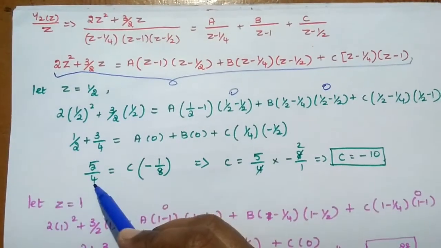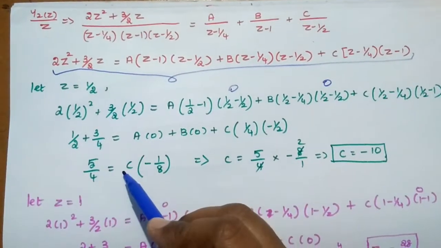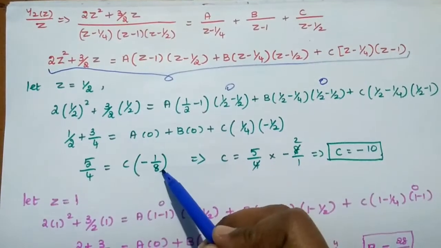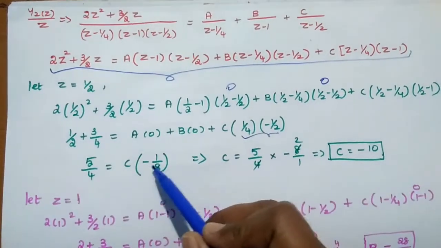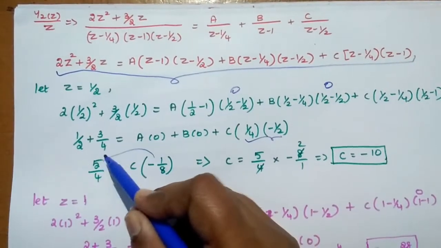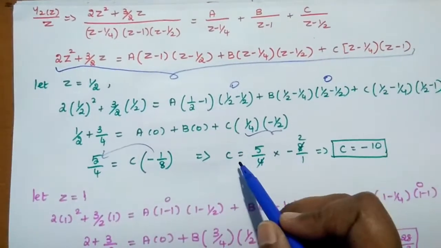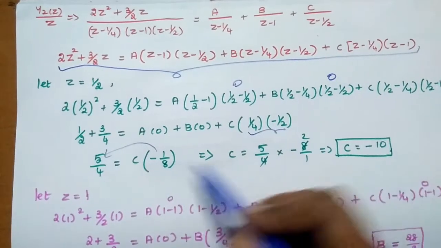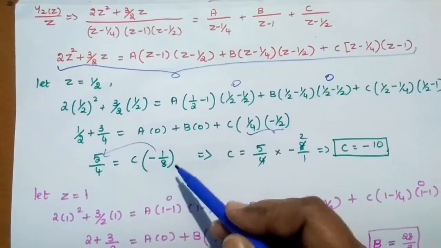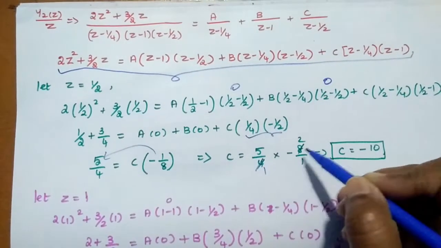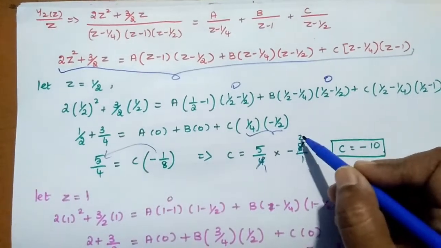So taking the LCM here again, you will get 5/4 is equal to c into minus 1/8. Multiply these two terms, we get c into minus 1/8. Next we have to move this term to the left hand side, so c is equal to 5/4 into minus 8/1, it goes as the reciprocal value. So here we can get 4 1s are 4, 8 4s, 2 4s are 8.